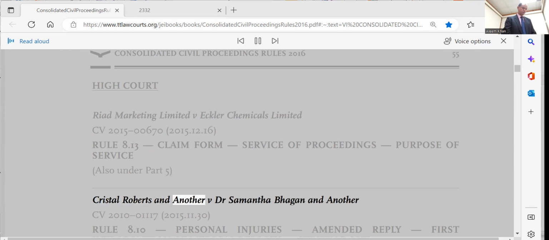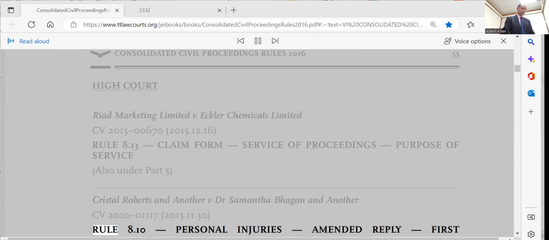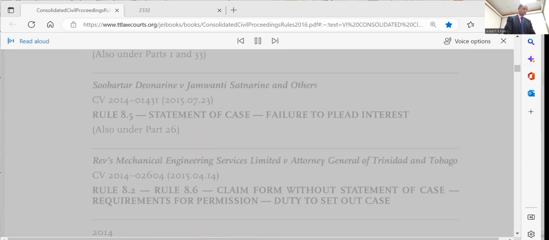Crystal Roberts and another v. Dr. Samantha Bagan and another. CV 2010-01117, November 30, 2015, Rule 8.10, personal injuries, amended reply, first introduction of medical reports, striking out, also under Parts 1 and 33.